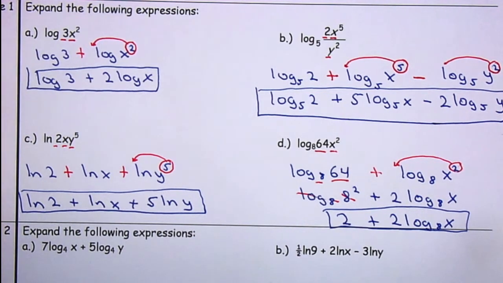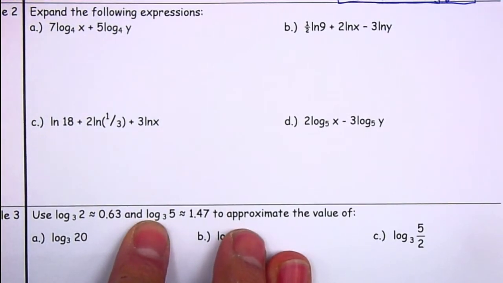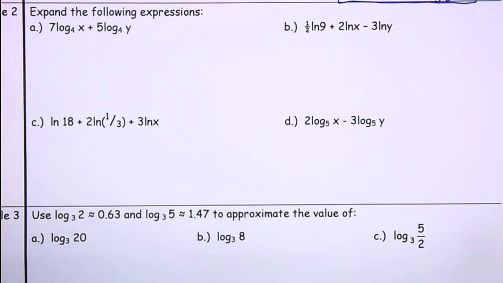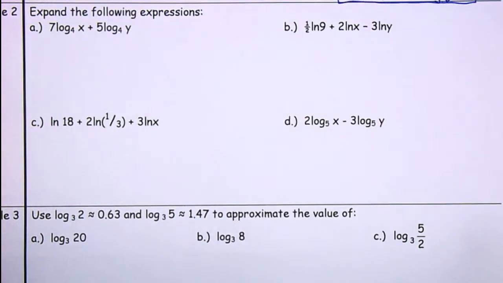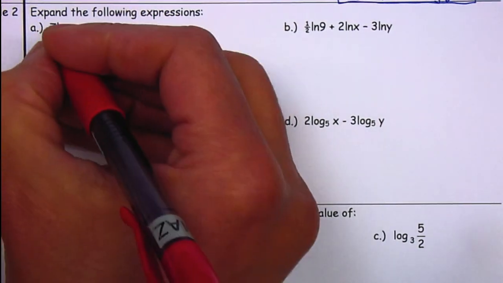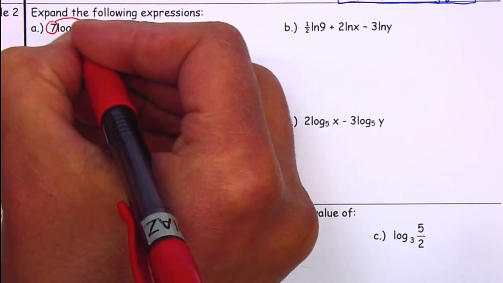Let's continue to example number 2. On example number 2, we want to expand the following expressions. We're going to work backwards. We want to bring the coefficients as the exponents.